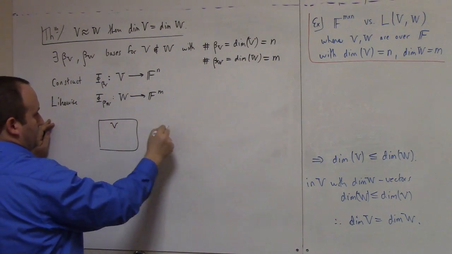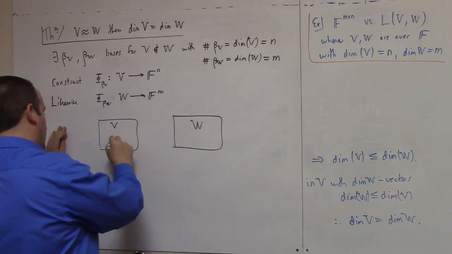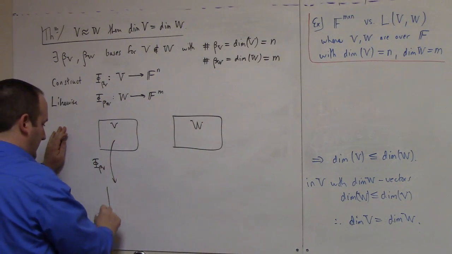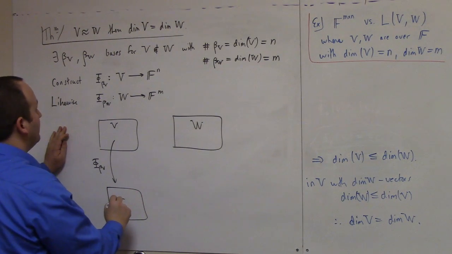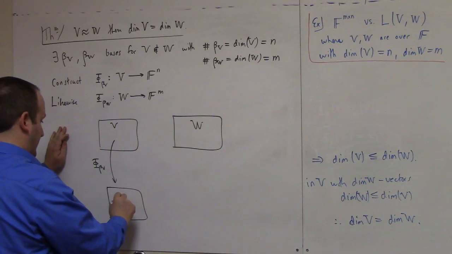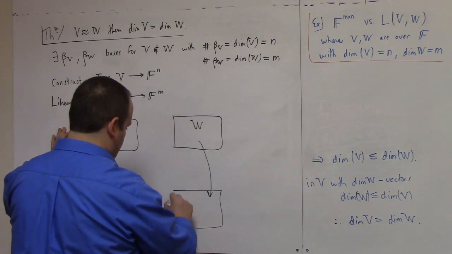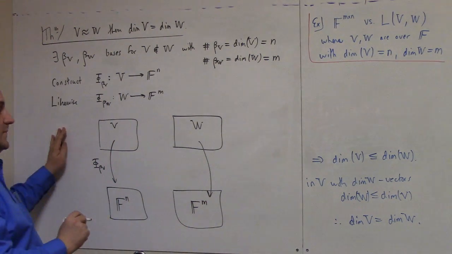Here's V. Here's W, right? I've got this map, phi beta V, down here to a copy of F^n, and I've got this one over here to a copy of F^m.